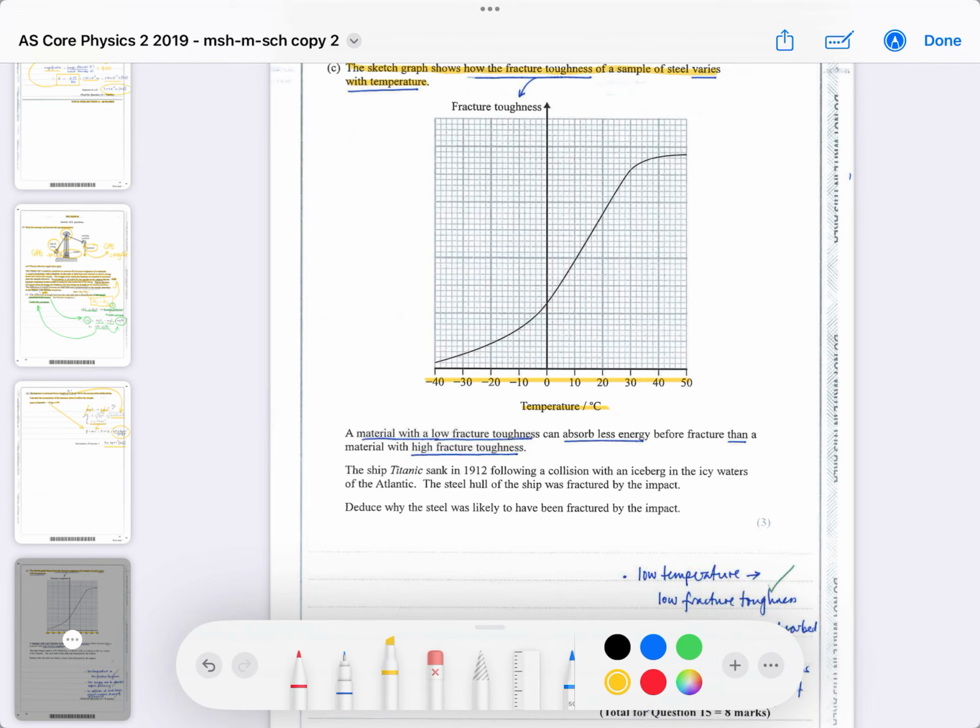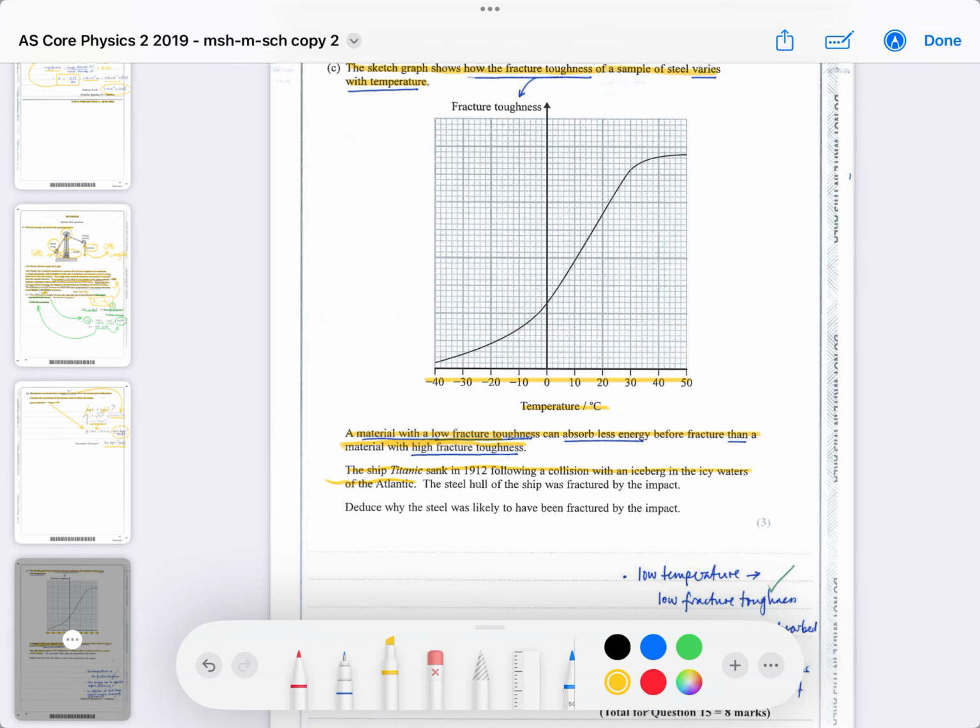Okay, so a material with a low fracture toughness can absorb less energy before fracturing than a material with high fracture toughness. Okay, so the ship Titanic sank in 1912 following a collision with an iceberg in the icy waters of the Atlantic.